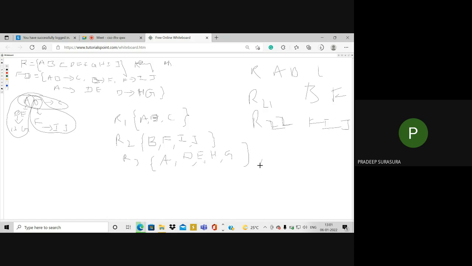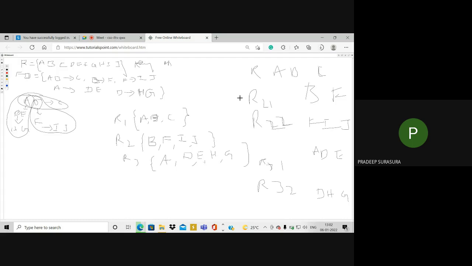Next, R3 will be broken like this: R31 and R32. In R31, I will have ADE as one table and DHG in one table. So I think I'm done with all the tables.